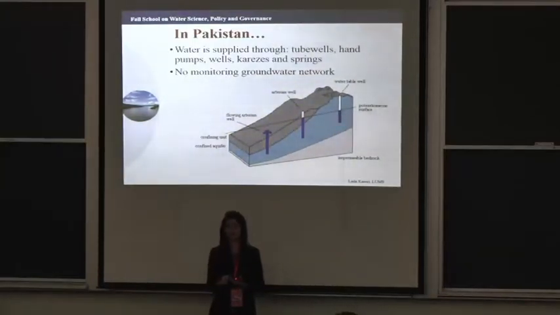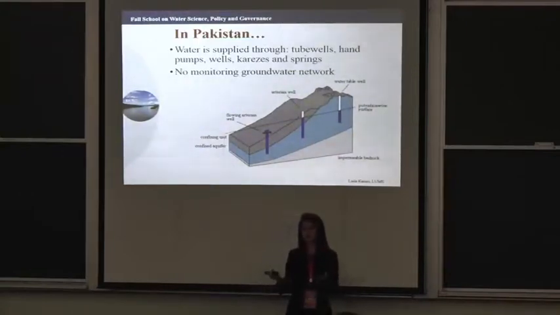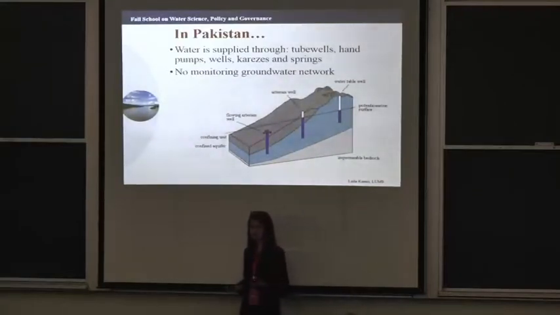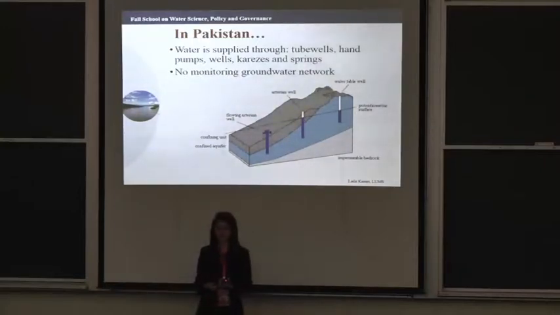We know that if there are two wells, their cones of interference can touch one another, and if they do, the water table can drop drastically. With karezes in place and tubewells, this is definitely a more complicated system.